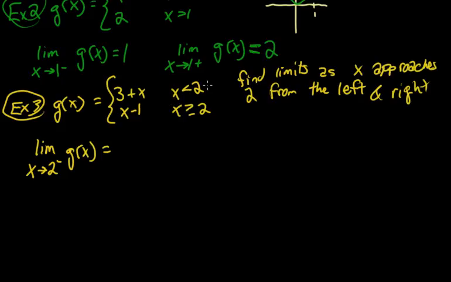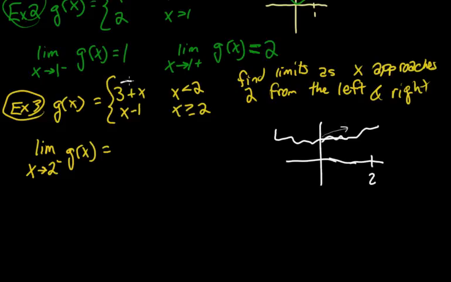Whenever x is less than 2, it must be approaching 2 from the left. So let's draw a little picture. If we have some kind of weird graph here, in x, oh, that's the wrong side there. We'll have 2 right there. Whenever x is less than 2, it would be approaching from this side.